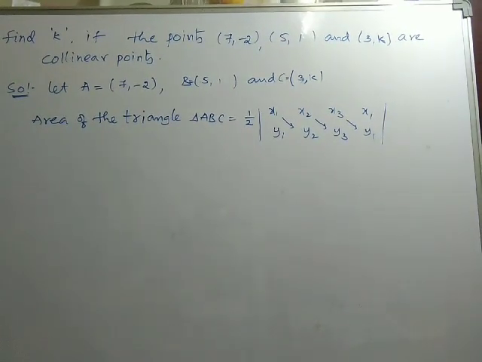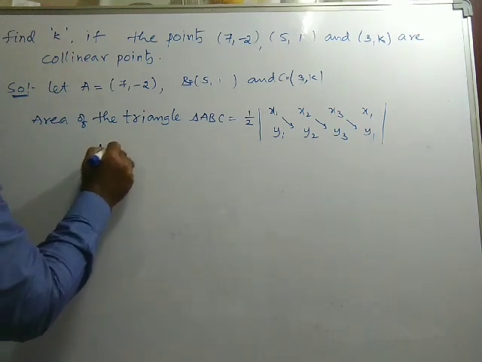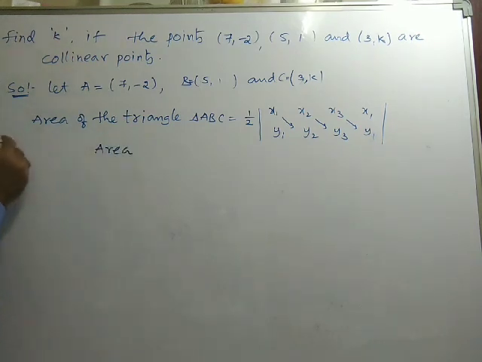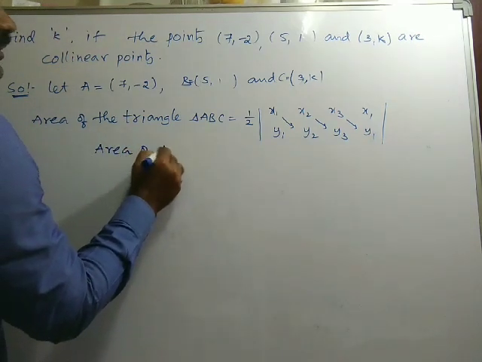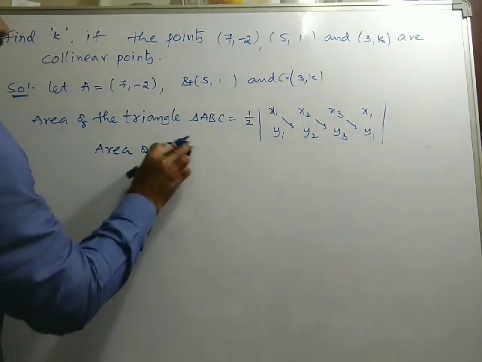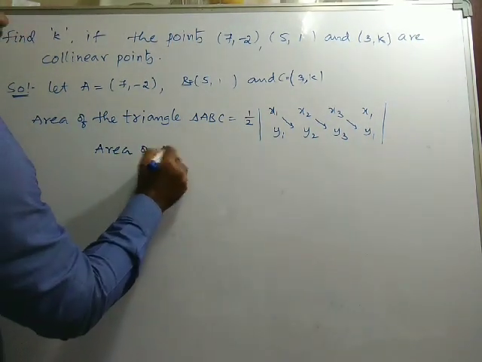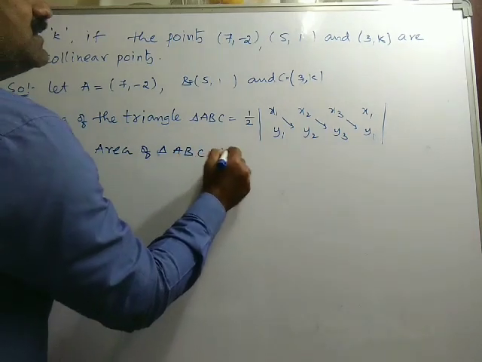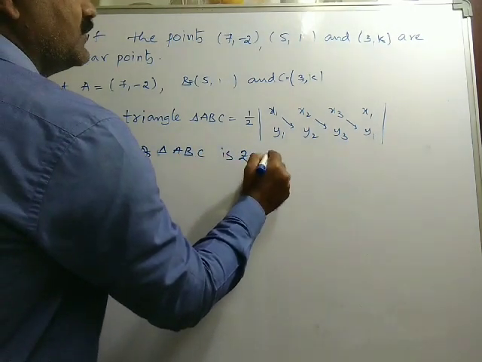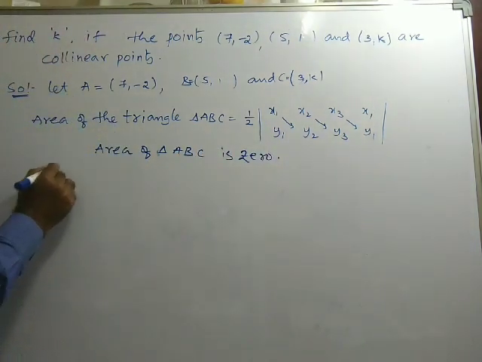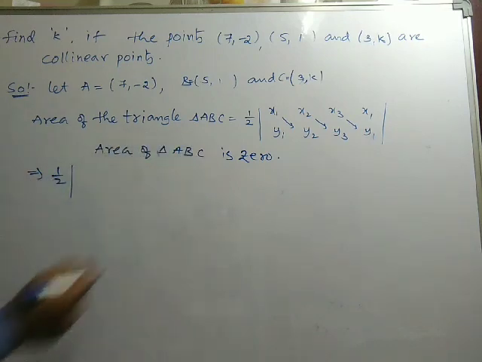Hence we can take the condition that area of a triangle is 0, isn't it? So the condition is, if the points are collinear, area of triangle ABC is 0. So find out the area of the triangle and equate it to 0.